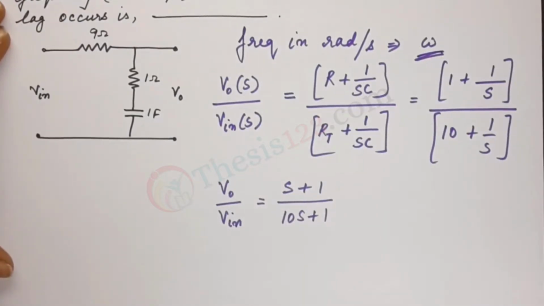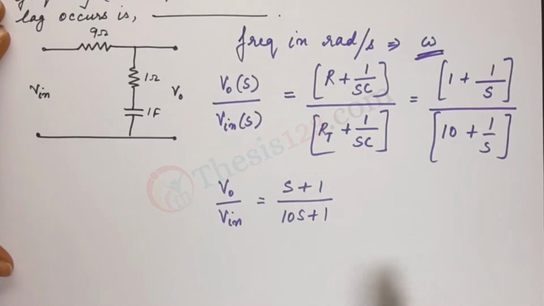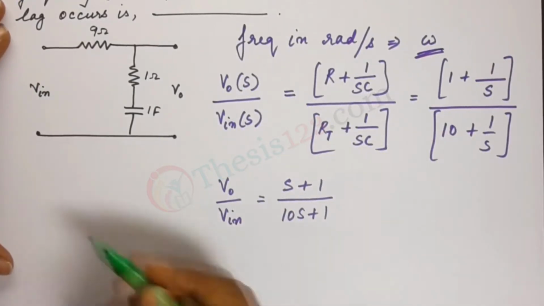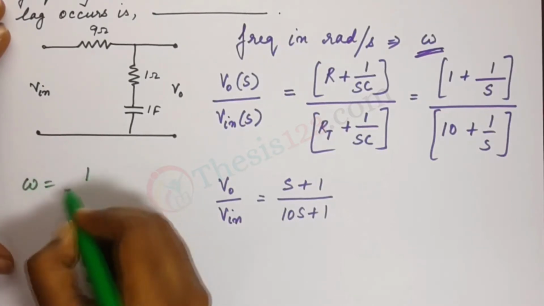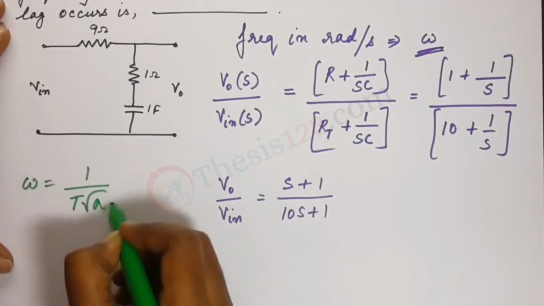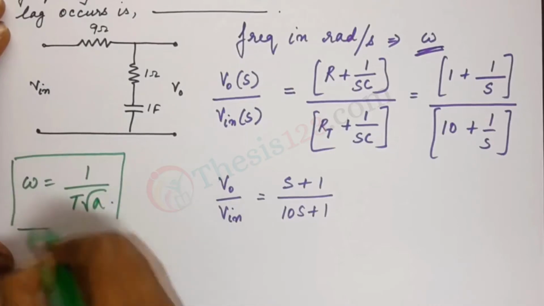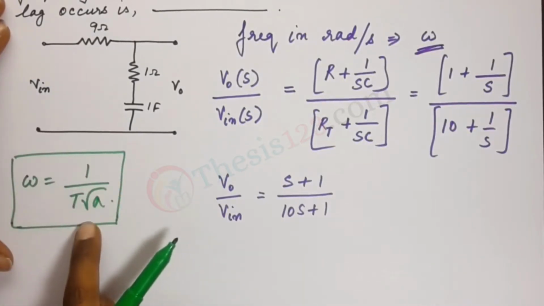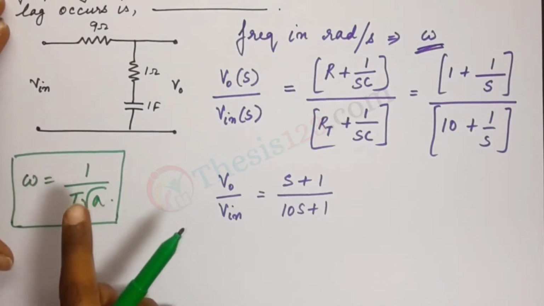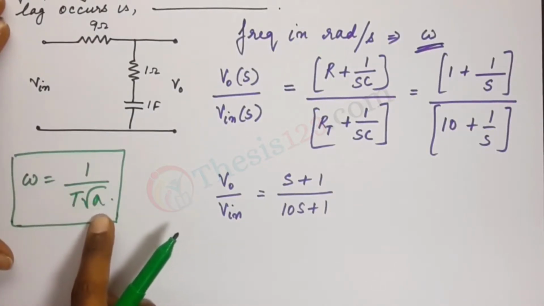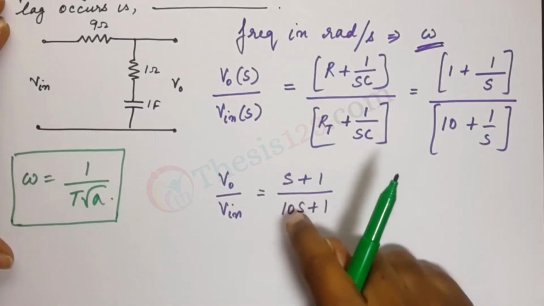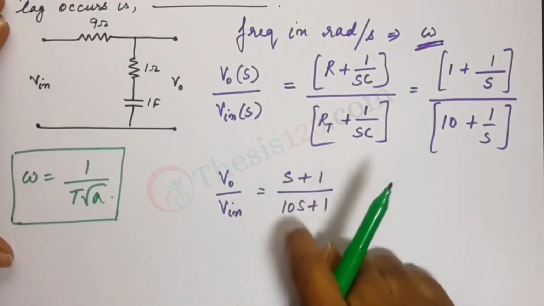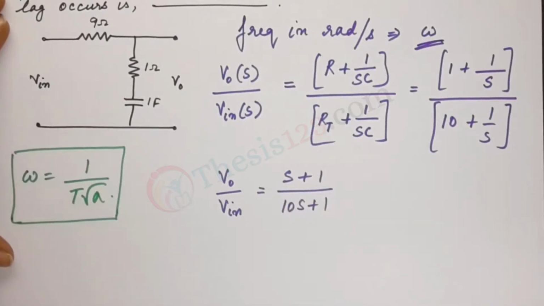Okay, so omega, the frequency, here is a very basic and important formula. Omega is equal to 1 by T root A. It'll do good to remember this. Omega is equal to 1 by T root A. Now, the values of T and A will correspond to the coefficients of S in the ratio of output by input.